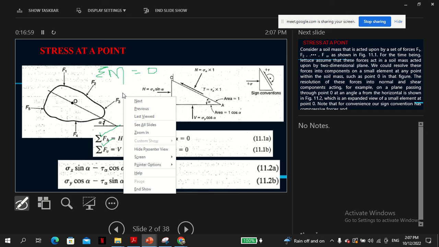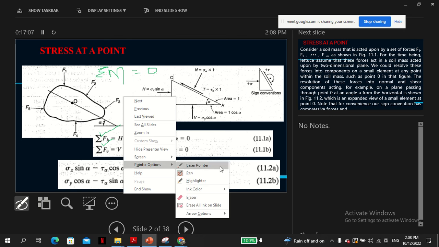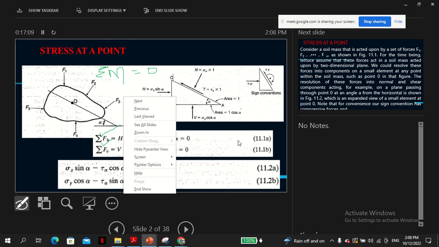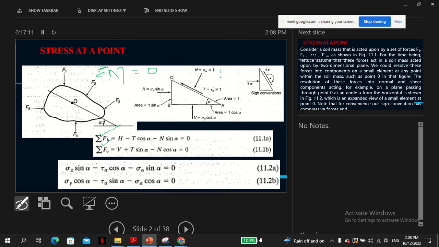I think you've been taught about the pin. I don't know how much structures you have been taught, but there are three kinds of end conditions or support conditions. We can have a pin support, a roller support, and we can have a fixed support. All these have different characteristics.